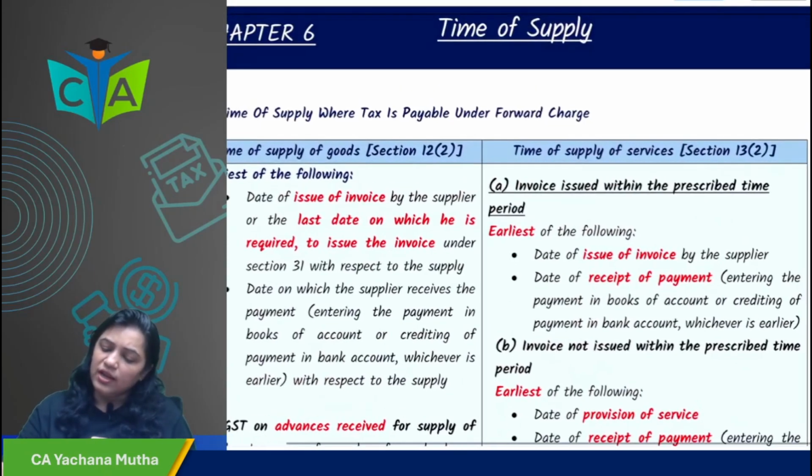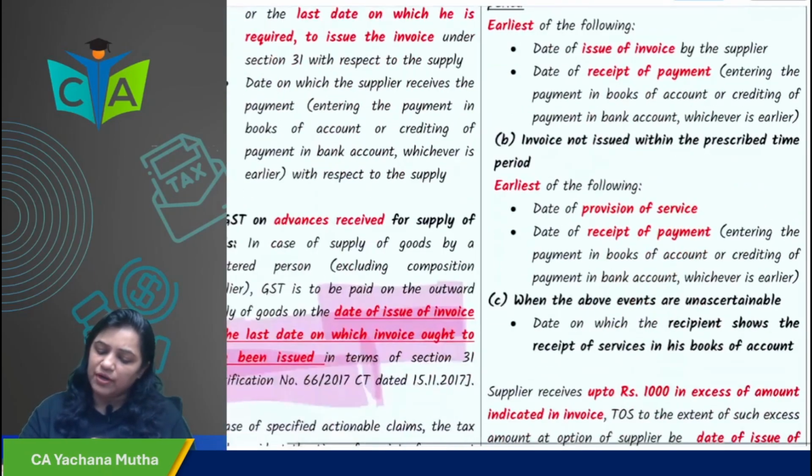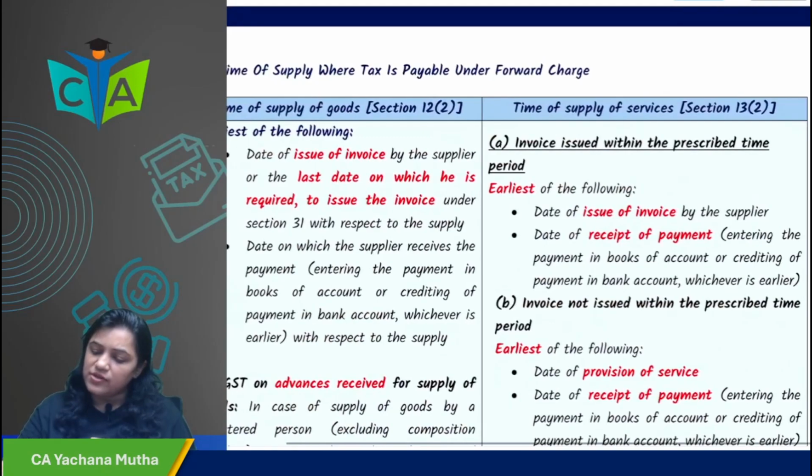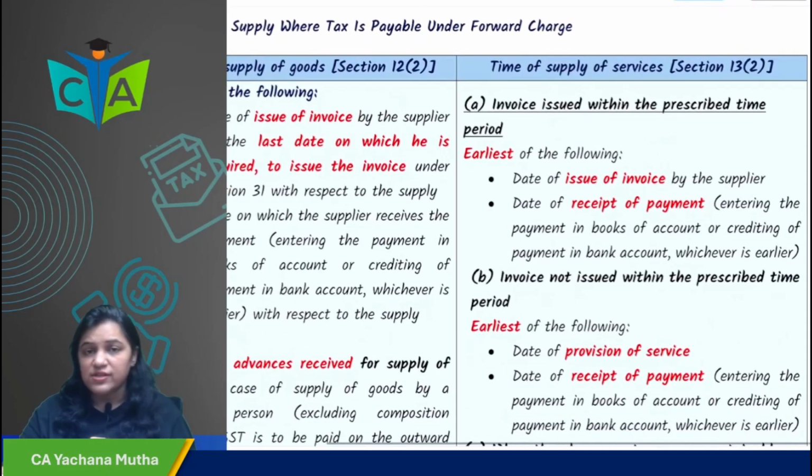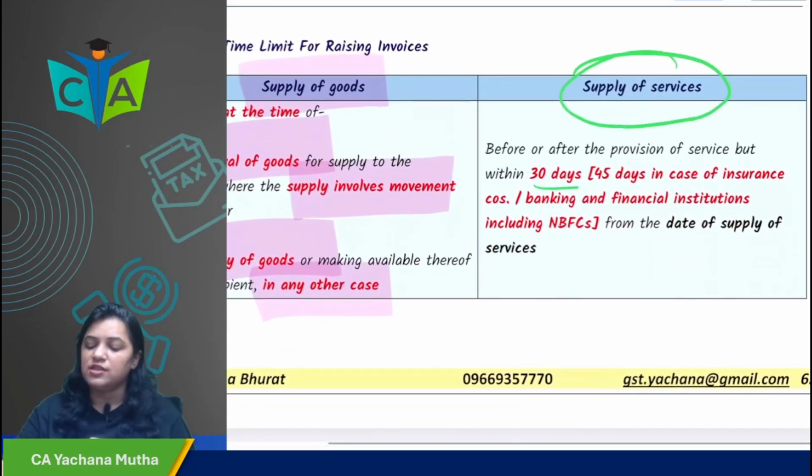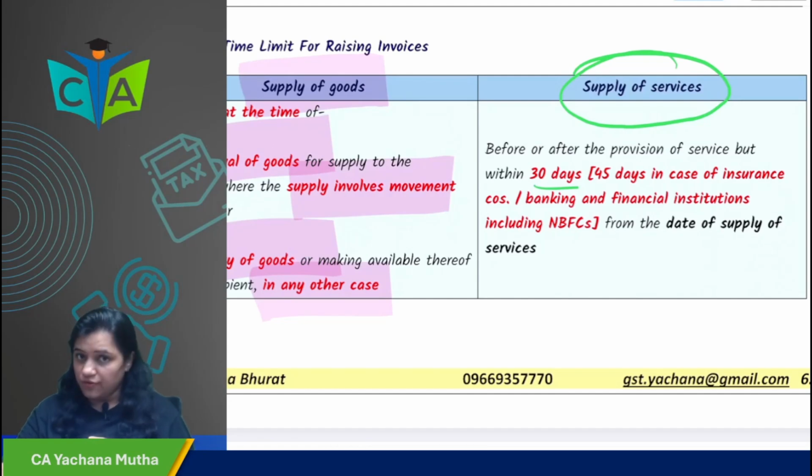However, in case of service, we'll see what is the time limit of issuing invoice. In case of services, you have to issue invoice before or after the provision of service, but maximum within 30 days.